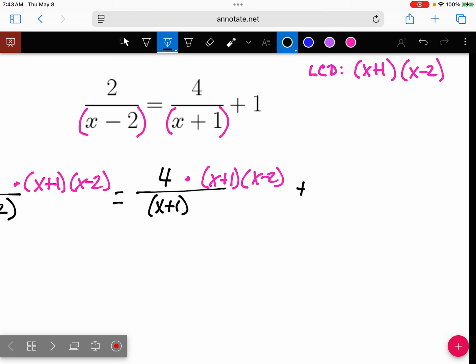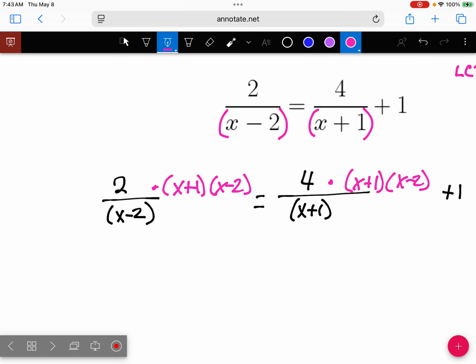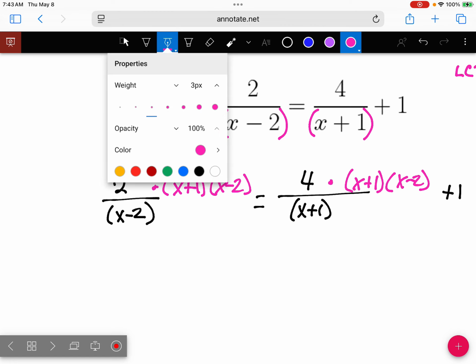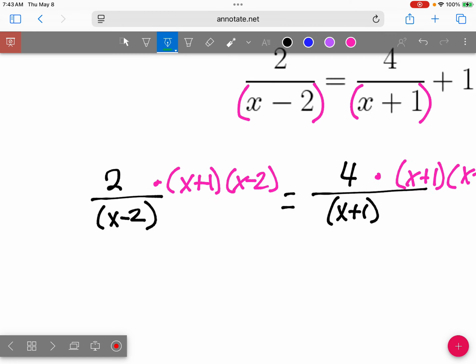And then we also have our plus 1 times x plus 1, x minus 2. So there's a lot of pieces in here, but we're going to come through and see what we can simplify.